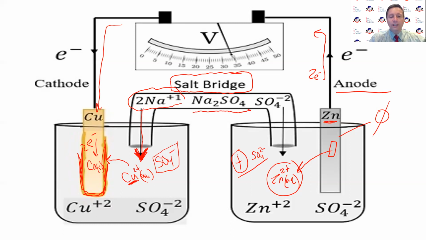So what I want to do is look at the half reactions and then calculate E sub naught, which is a standard reduction potential. When we look at the reaction that we just looked at, we have the anode and we have the cathode.